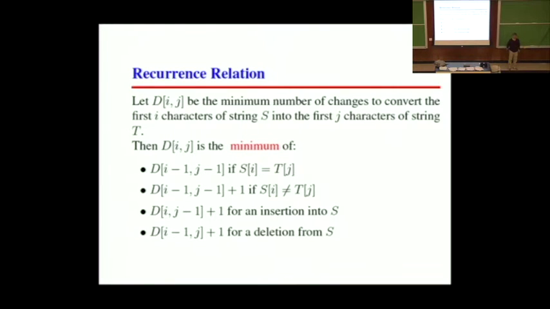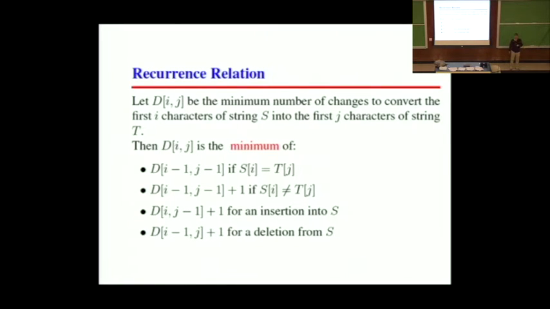Okay? Any questions about this recurrence relation? Does everybody see what this is saying? This is the min of this or this or this or this. Okay? How many people understand the recurrence relation? Any questions? Anybody not understand the recurrence relation? Any questions about it? Like "say it again" is a fine question.